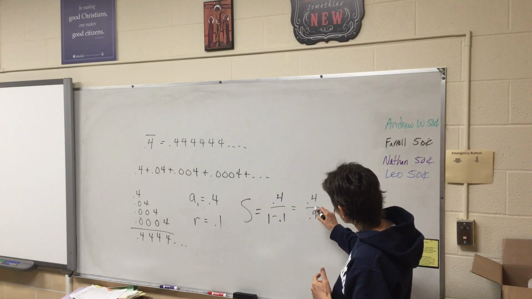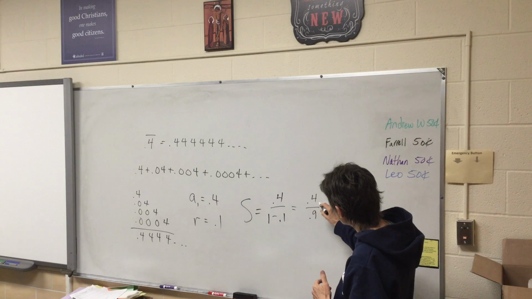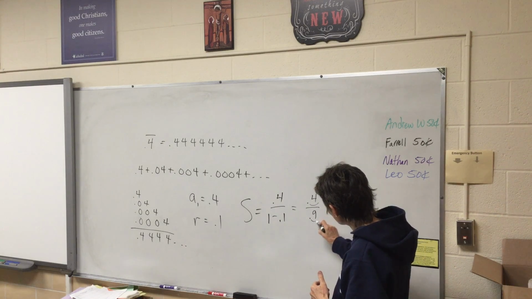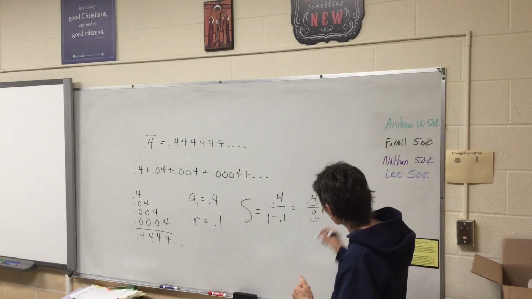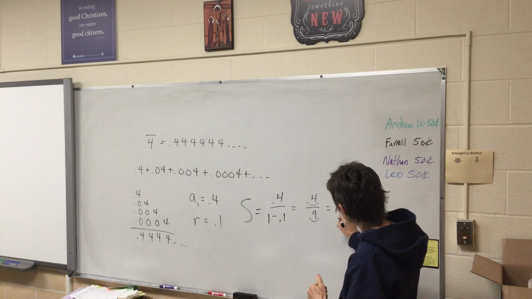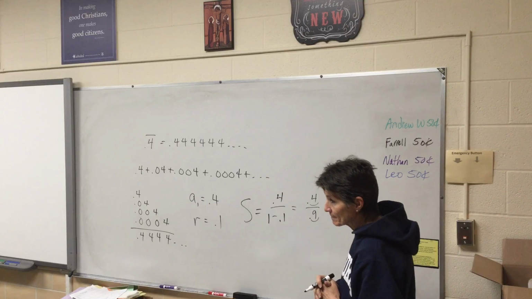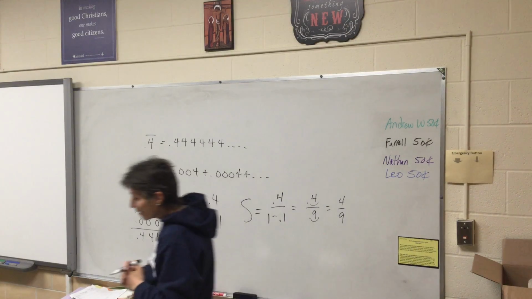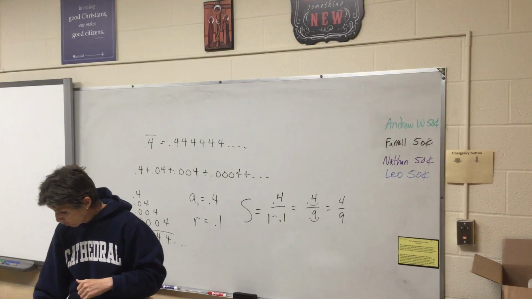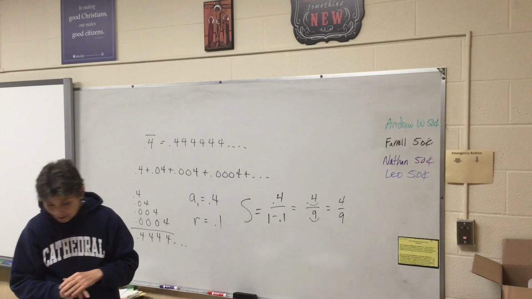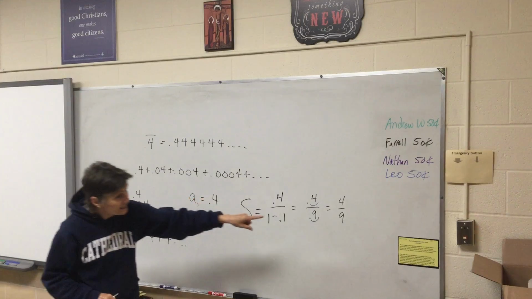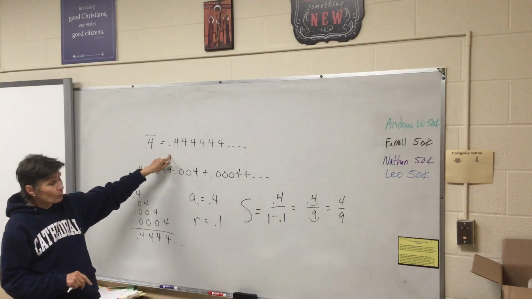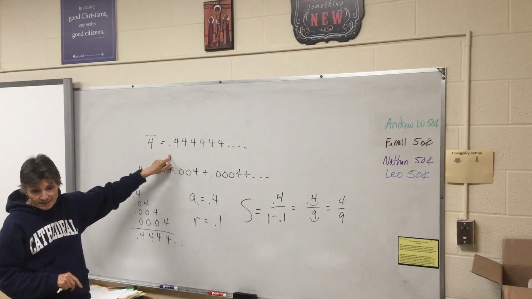And then I'm allowed to move the decimal point one place on the top and the bottom. I have to do it to both. So my fraction is just 4/9. To check that, if you did 4 divided by 9 on your calculator, it will give you this decimal. That is the fraction that produces this decimal.